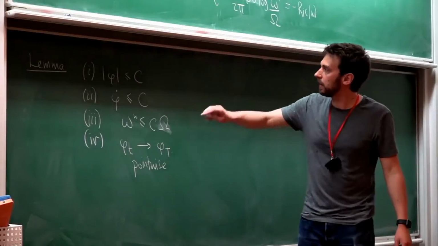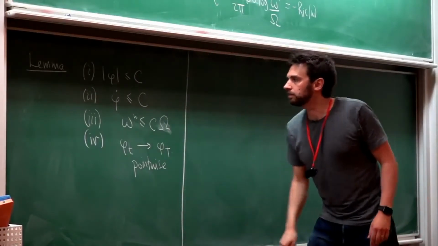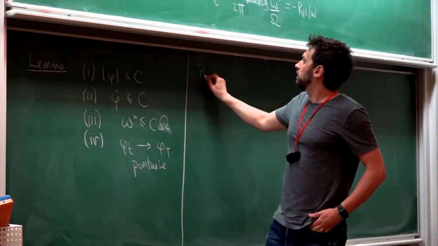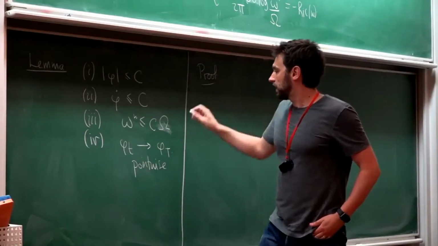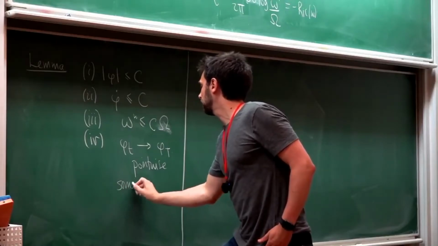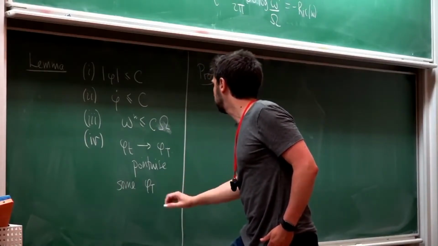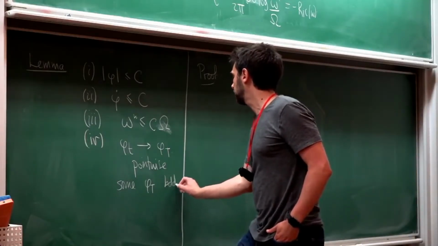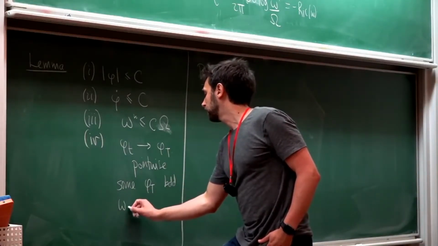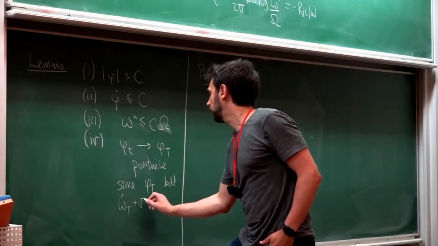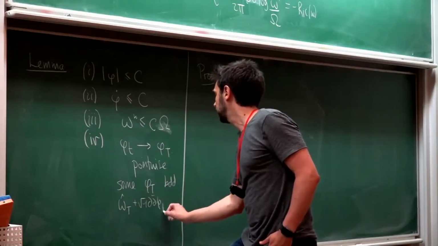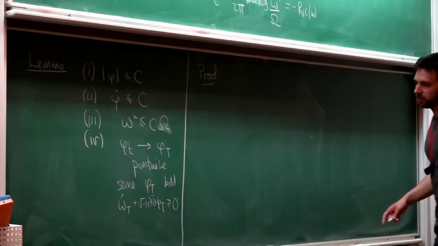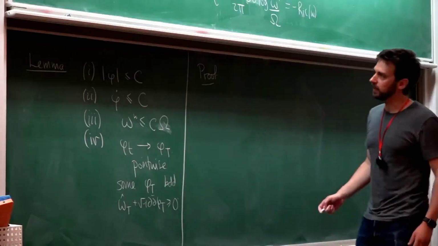This could have some singularities. But let me not go into it. So for some phi t, which will actually be bounded, with omega hat t plus dd bar phi t non-negative, where this has to be interpreted in the appropriate sense.